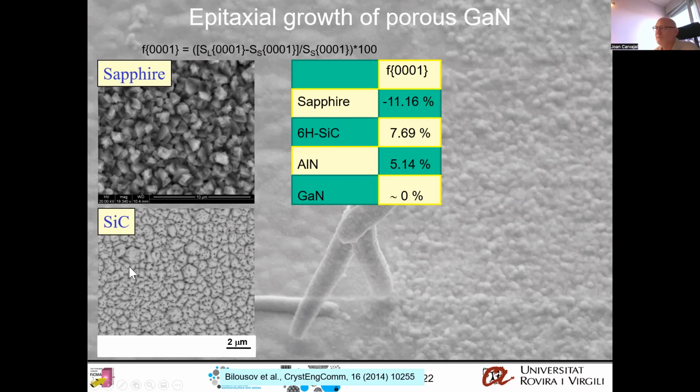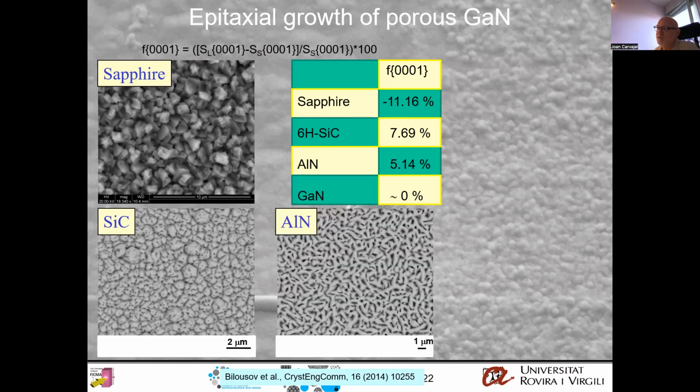If we reduce even more the lattice mismatch, we go to aluminum nitride. We observe this structure that at the beginning we did not understand, but as I will explain in a second, finally we could understand what was happening here.